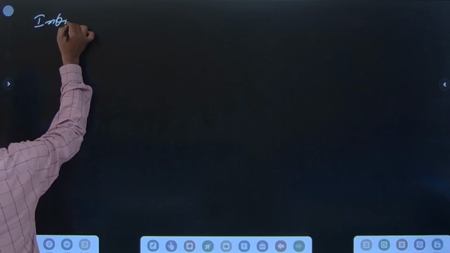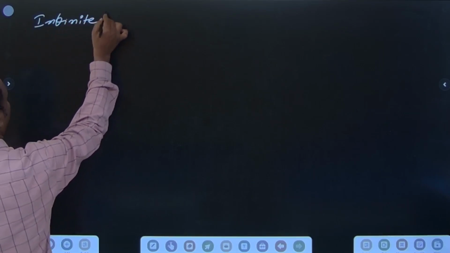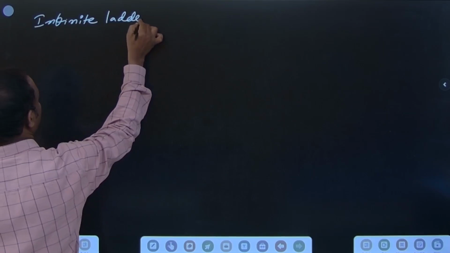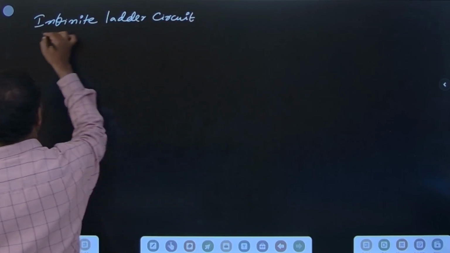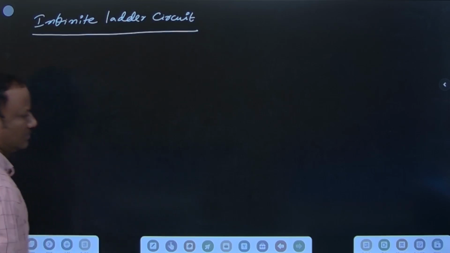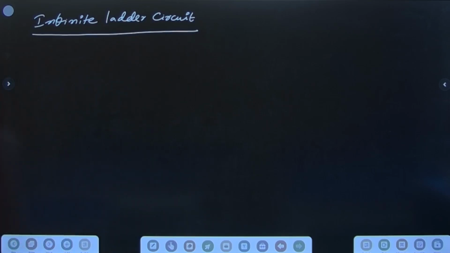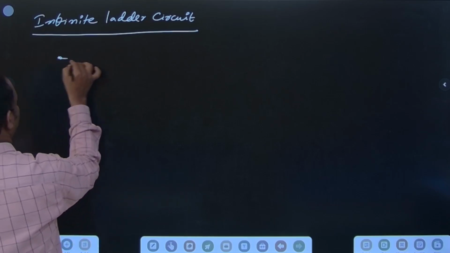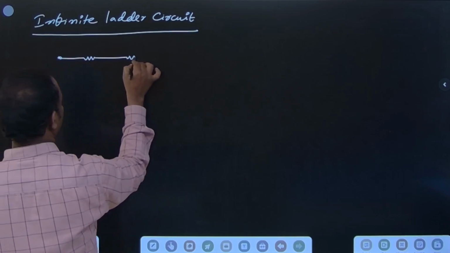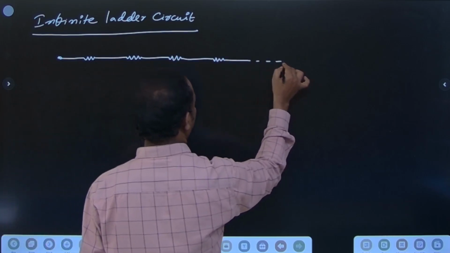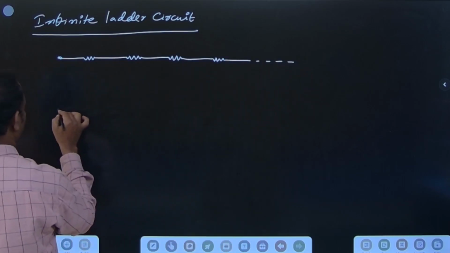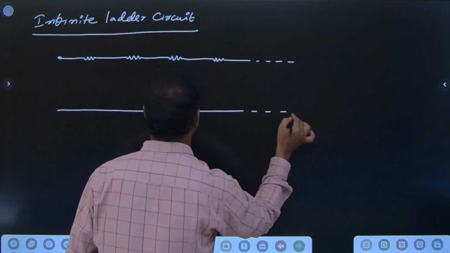Infinite ladder circuit. Another model. If you have many resistors, like this, it is an infinite ladder circuit.